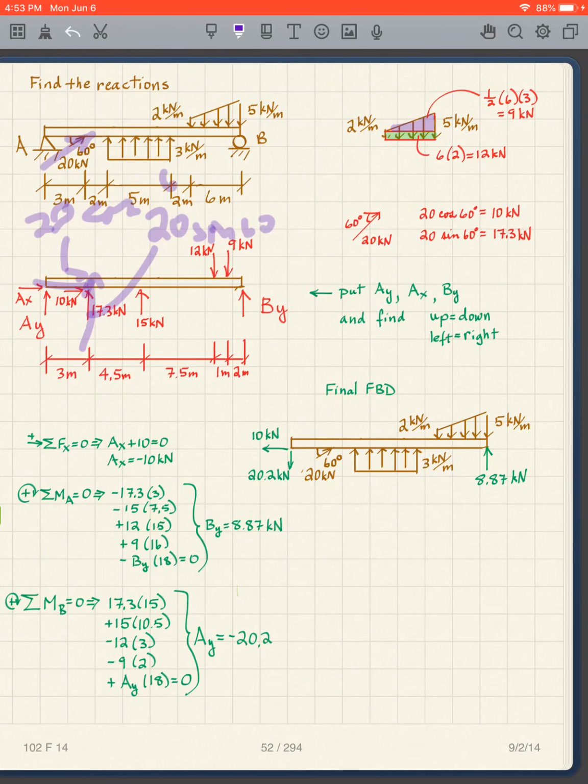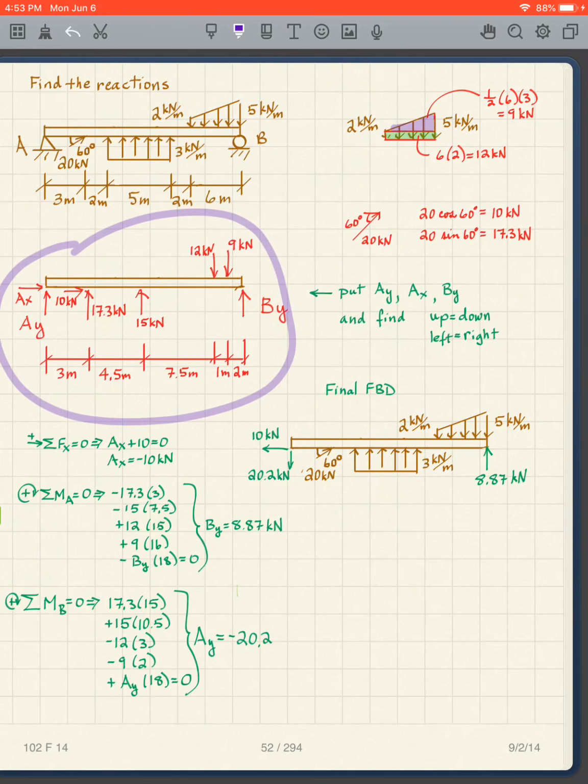And yeah. Okay, so now we're down to this. You can all solve it, so pause the video and look at that solution if you'd like.